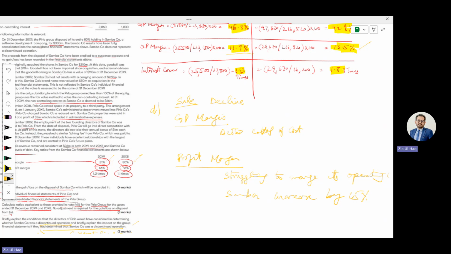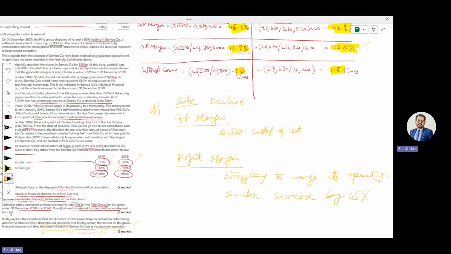This means this decrease in operating profit margin is due to other subsidiaries in the group that are remaining. That is a serious concern for the company. And after departure of Samba, the company might struggle to generate profitability and manage its operating cost control.